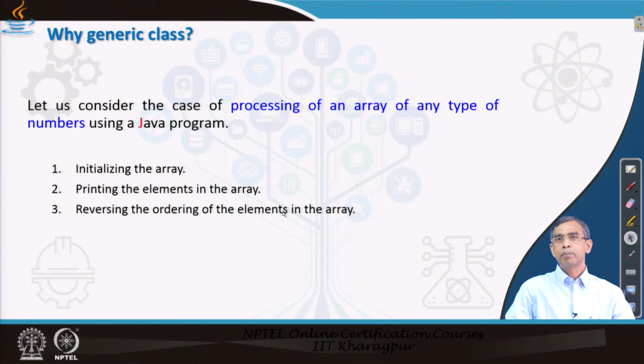Suppose this is one simple program that we are going to learn about. The program initializes an array, then prints the elements in the array, and it will reverse the ordering of the array. So, these are the three tasks that we want to do, and we are interested to write a program.